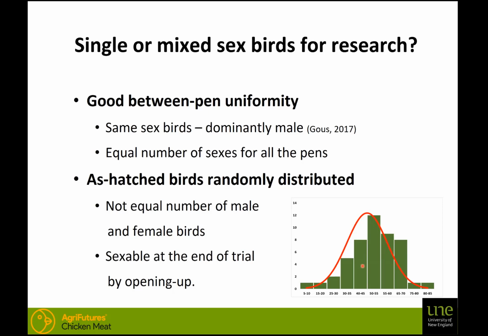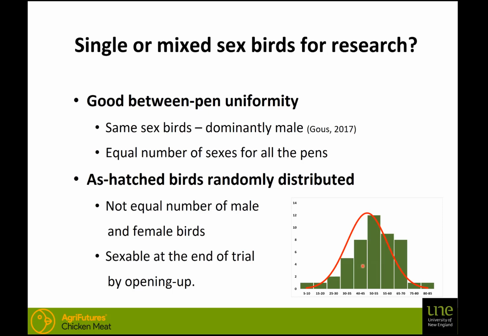For same-sex birds, that's what we've been using for a long time, but now it's a challenge because we cannot use proper male-only broilers anymore. Another way is to mix females and males at an equal number of birds in all the pens. That can give you good between-pen uniformity.